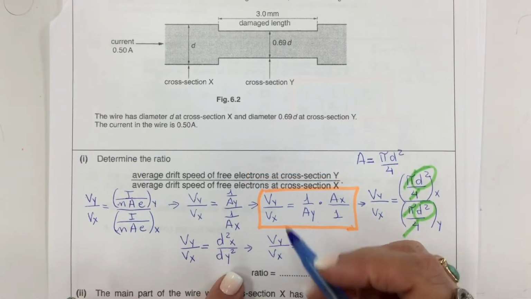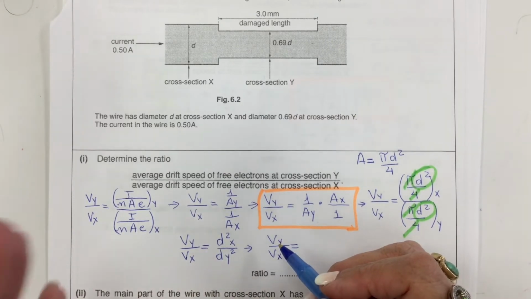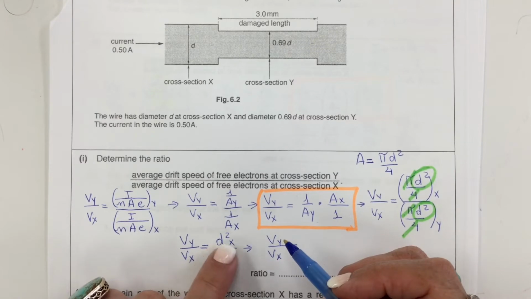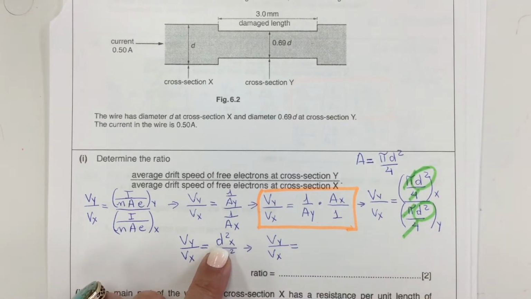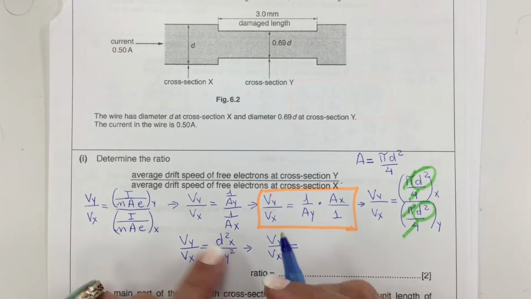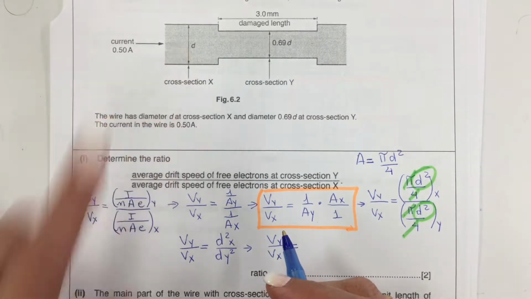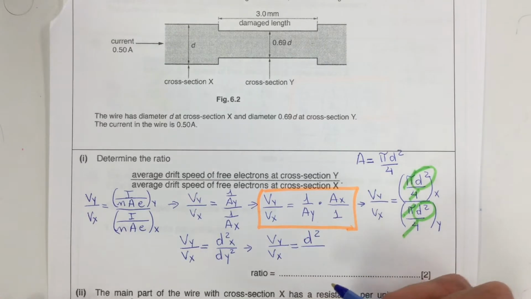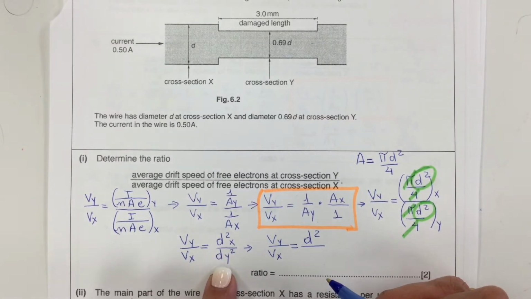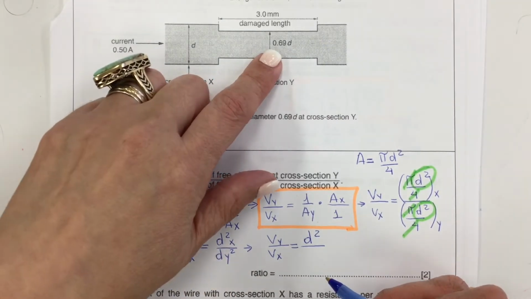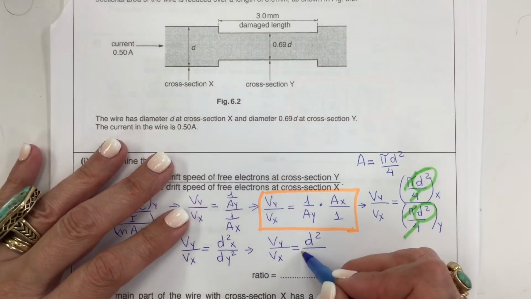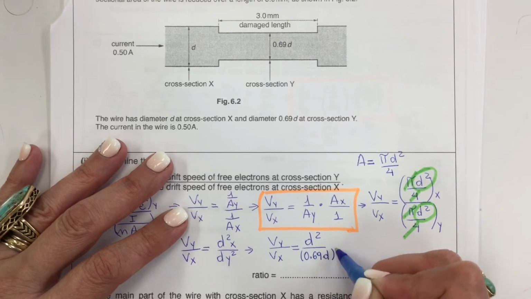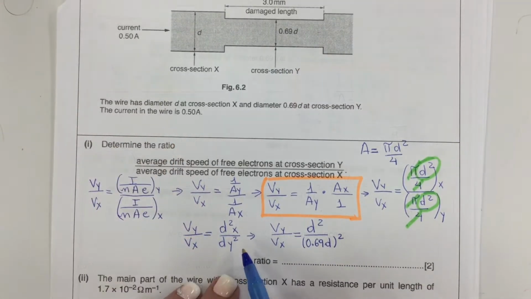Continuing with this process, the diameter on section X is just d, so I replace it here with d squared, and the diameter on section Y is 0.69 d, so it's 0.69 d, all of this squared.